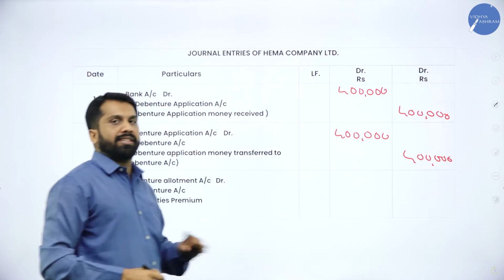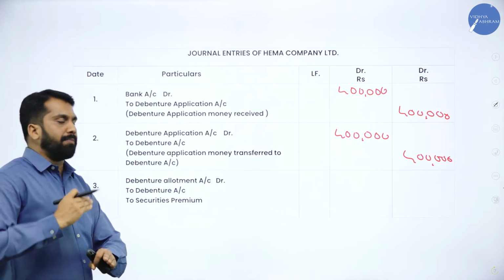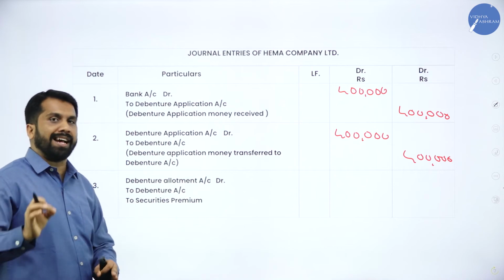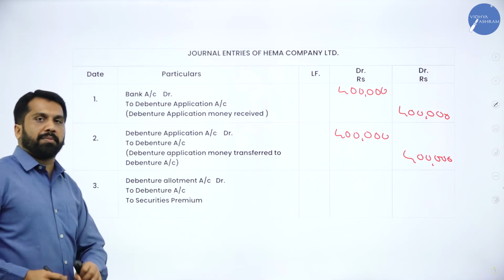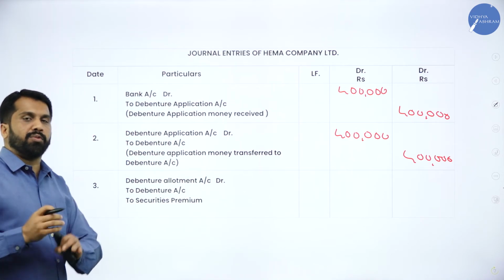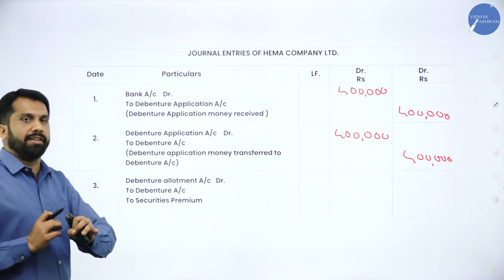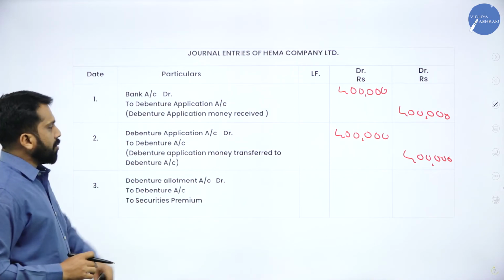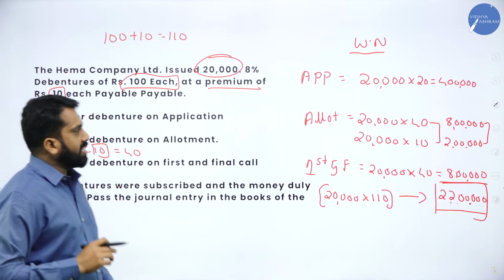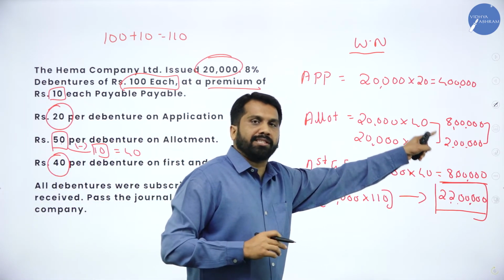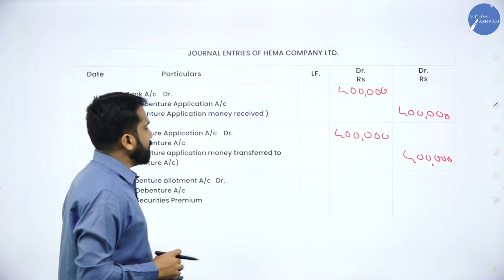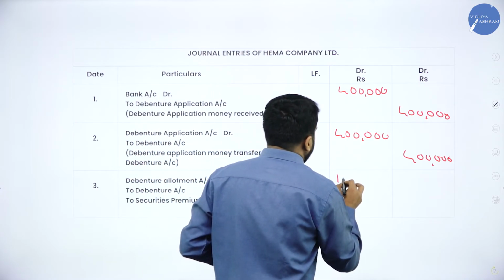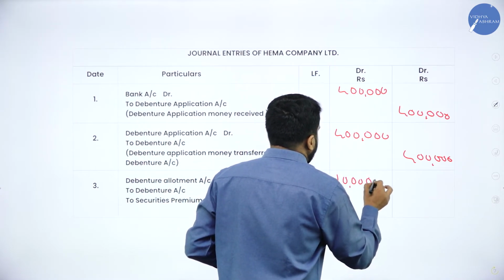Your application is done. Once the application is done, we'll go for what? Allotment. In your allotment, you have premium. So we have one additional calculation. Now, your total allotment is how much? As per our calculation, 8 plus 2 is how much? 10 lakh. Now, you have to mention this is 10 lakh.